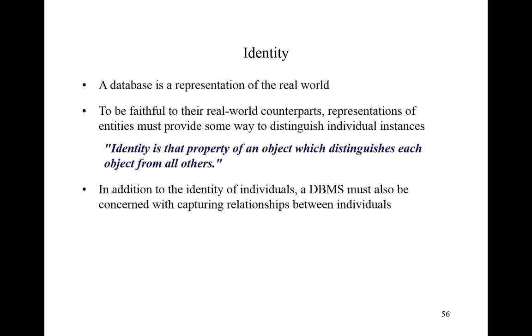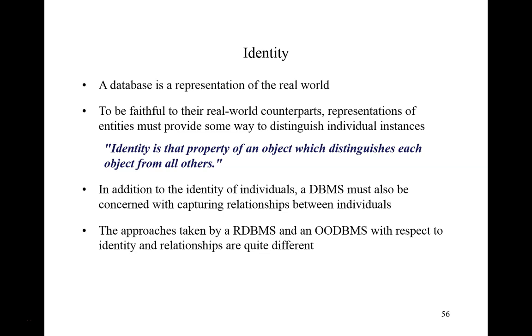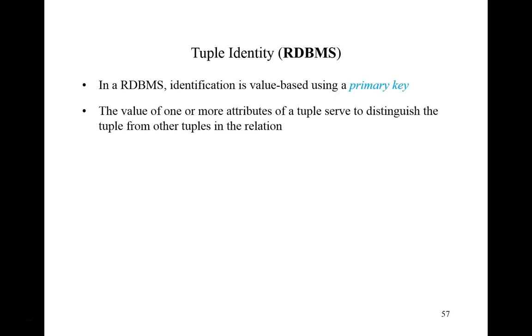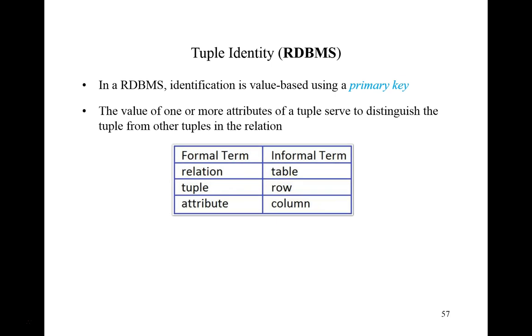Note that in addition to the identity of individuals, a database management system must also be concerned with capturing relationships between these individuals. The approaches taken by a relational database management system and an object-oriented database management system with respect to both identity and relationships are quite different. In a relational framework, we talk about relations and tuples.